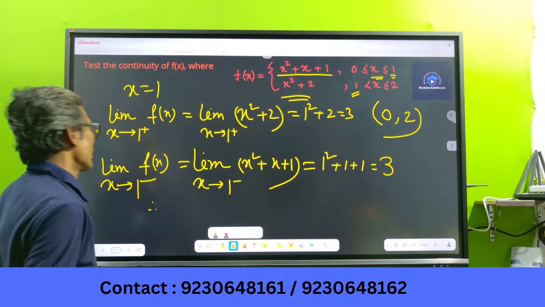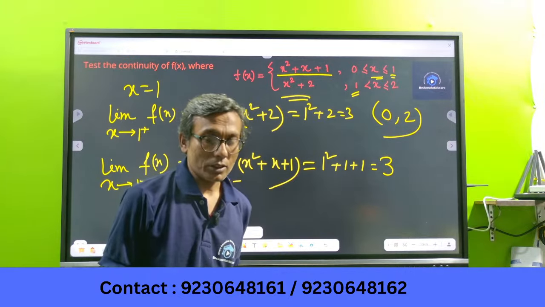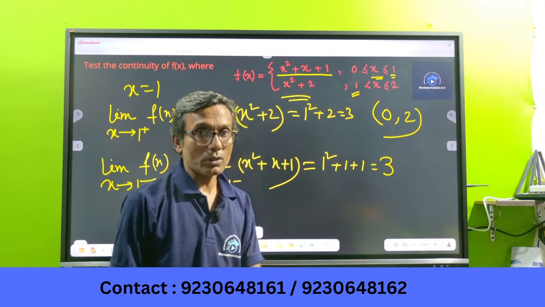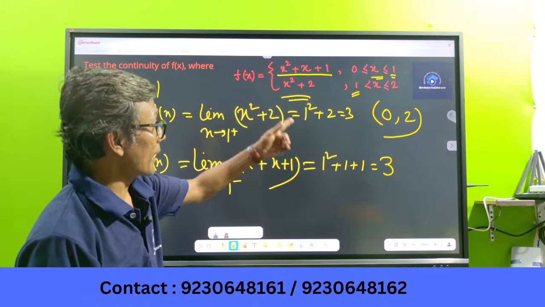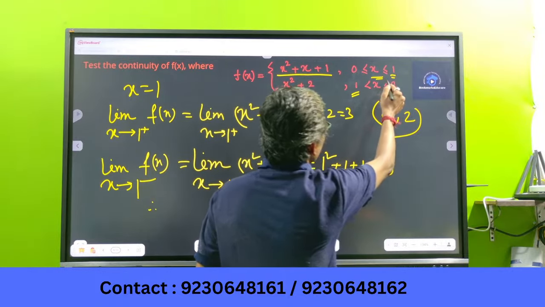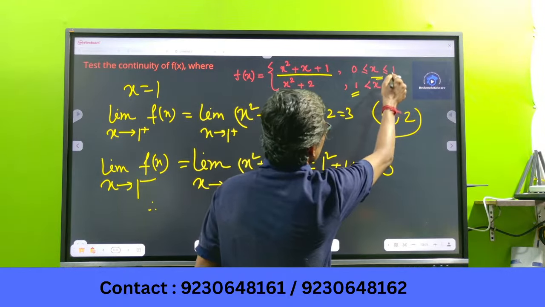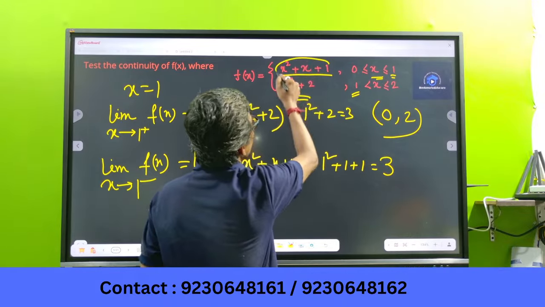Now I have to find out the value of the given function at x is equal to 1. So at x is equal to 1, what function should be taken? At x is equal to 1, in this interval the function is this.